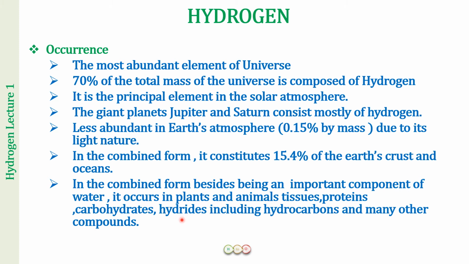These are compounds of hydrogen with other elements, and one of the important hydrides are hydrocarbons, the compounds of carbon and hydrogen, which are abundant in nature. We will study these compounds in organic chemistry. And there are many other compounds of hydrogen that we will be discussing in this course.